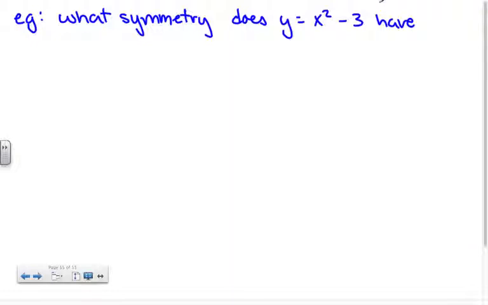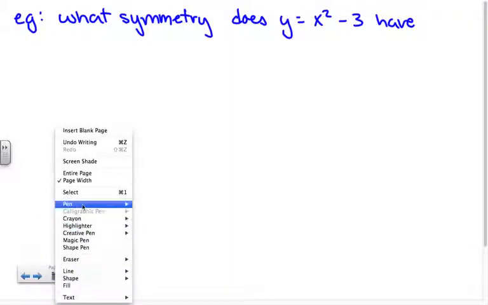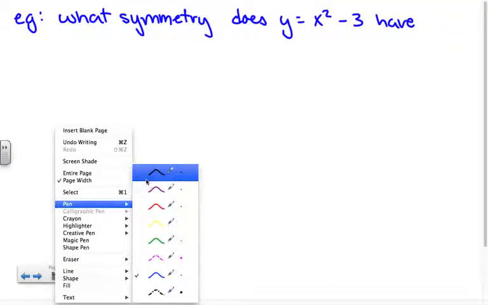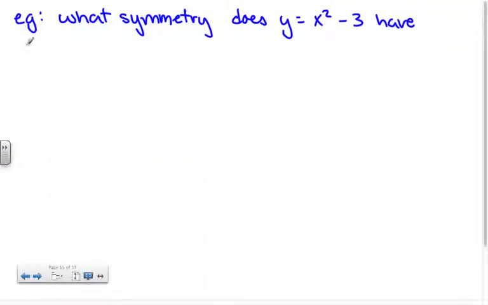Now, you can use two ways to do this problem. We can use the algebraic test, or we can use the graph test. Okay, either one works. So I'm going to show you both solutions in this situation.